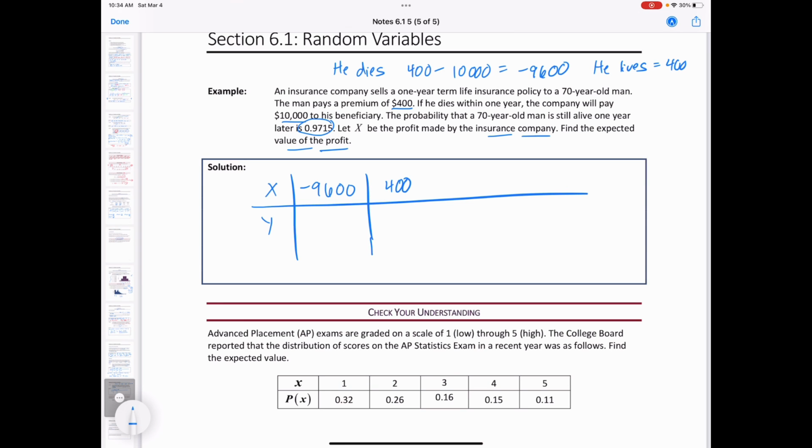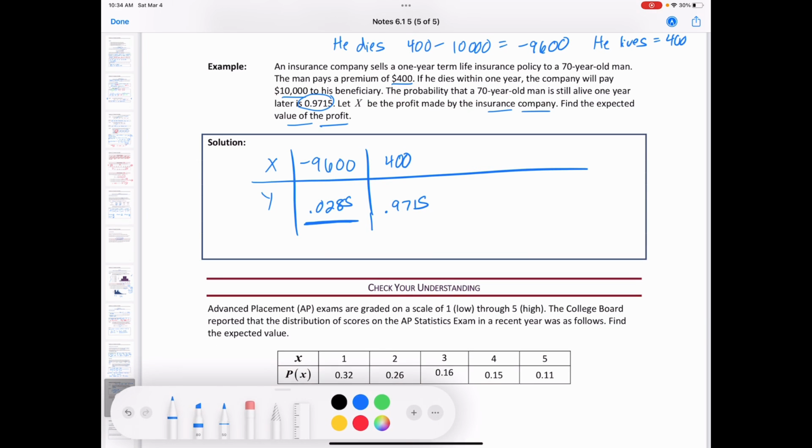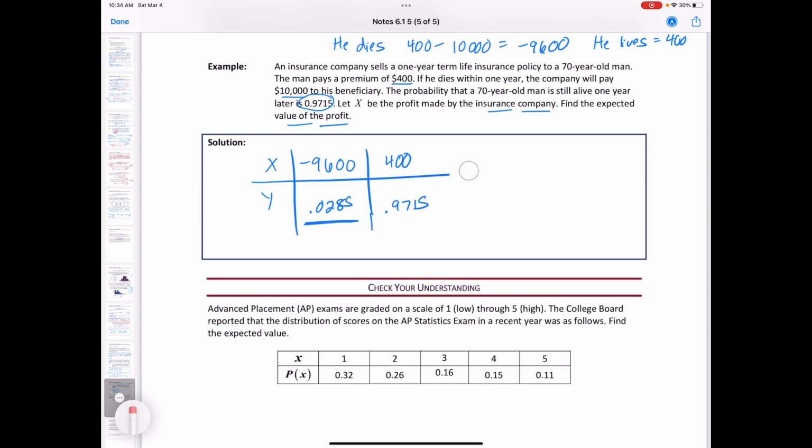Now, the chance that he lives is 0.9715. It's hard to do 4 decimals in your head, so take your calculator and do 1 minus 0.9715 to get this number, and you get 0.0285. All right, and I want the expected value or the mean.